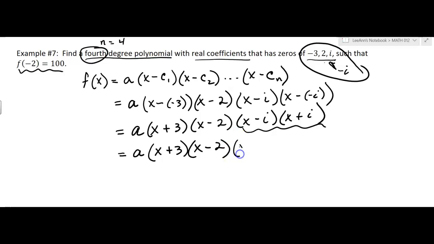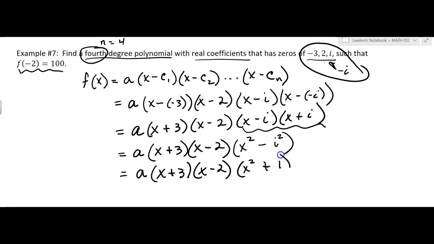So I'm going to have x squared, the middle term is going to drop out, and then it's going to be minus i squared. And that's going to simplify to be x squared plus 1. Okay, so I no longer have the i showing up in the polynomial.